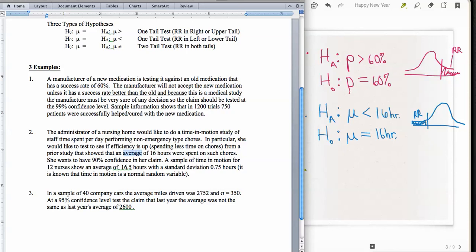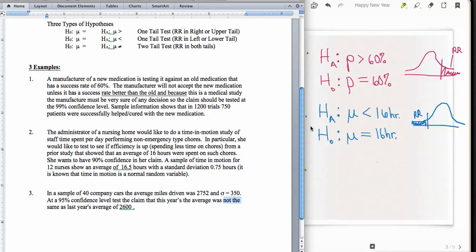This year's average is not the same as last year's average. So last year's average was this, right? That's what it's being held up against. And so not the same.